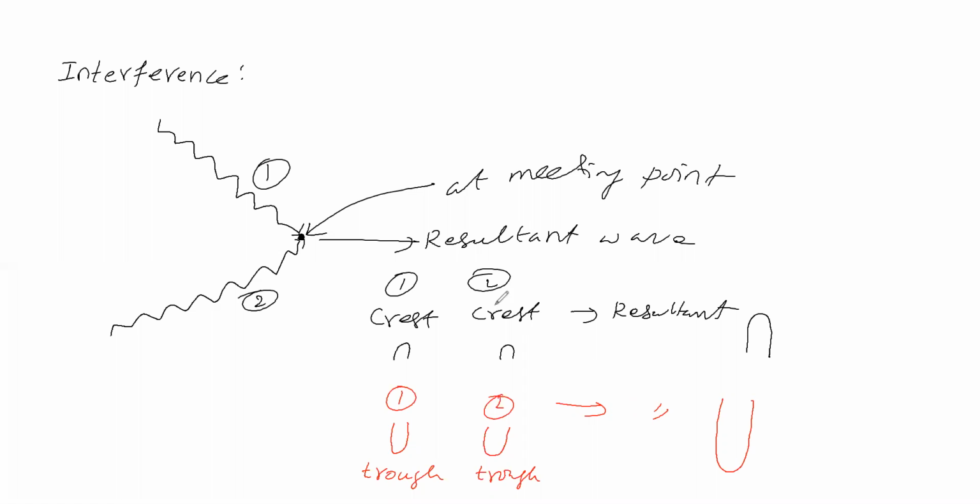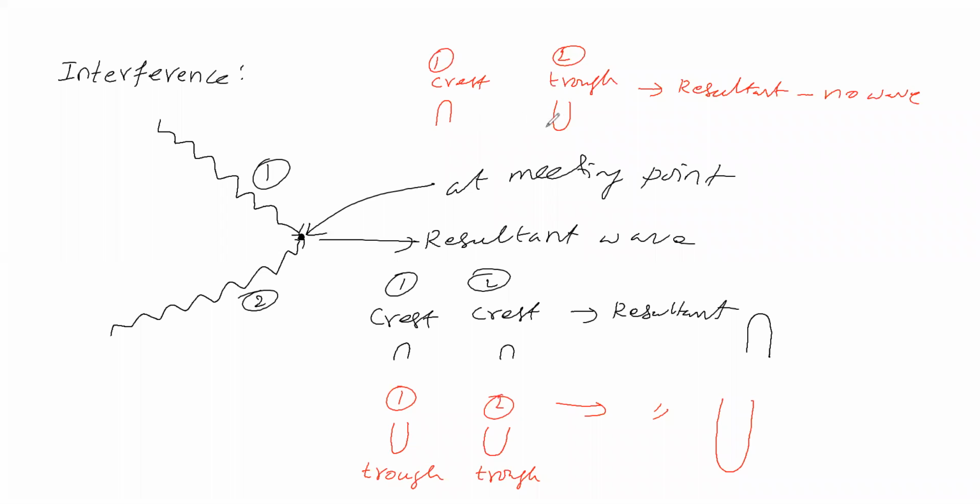Suppose the first wave is a crest and the second wave is a trough. What is the resultant? It is the sum of these two, in the sense that the crest will be cancelled by the trough. Therefore, the resultant may be no wave if these two amplitudes are equal.